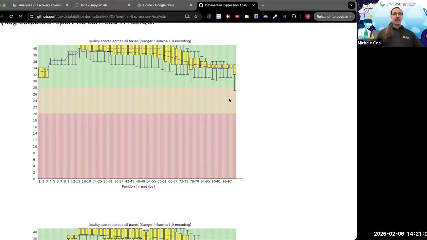This sets a Phred score between 28 and 40. I think it changes a little bit between the type of reads that you might be using, but you always want to be within the green. So this is actually good for us.